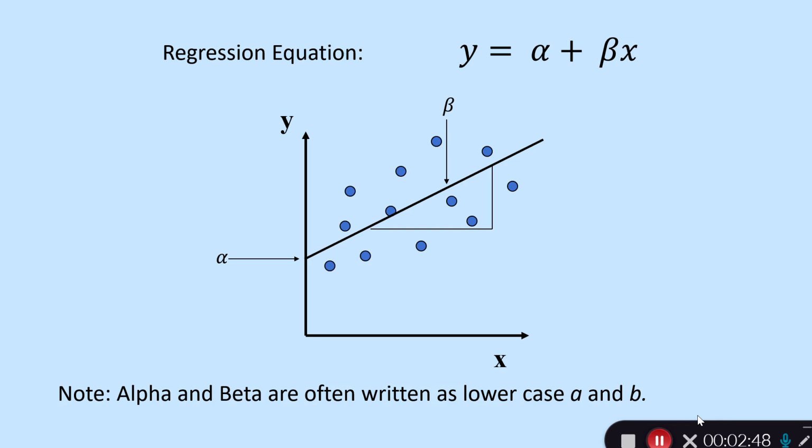You can see it highlighted on this figure. Alpha is the intercept point where the regression line crosses the y-axis. And beta is the slope of the regression line, so how much the value of y changes for a 1 unit change on the x scale.